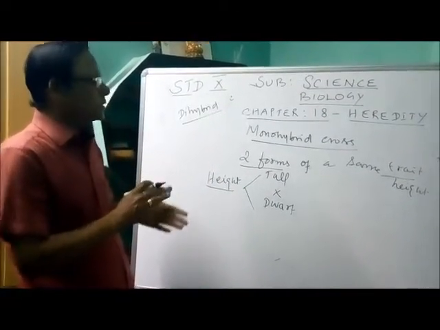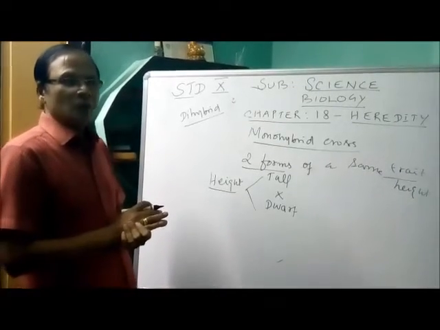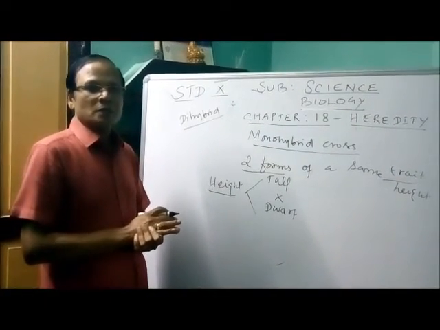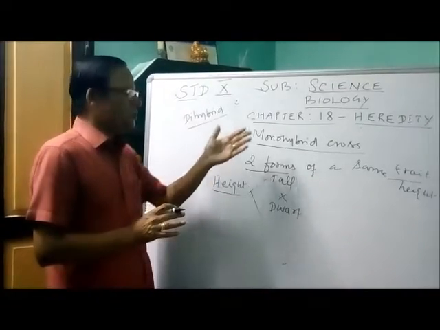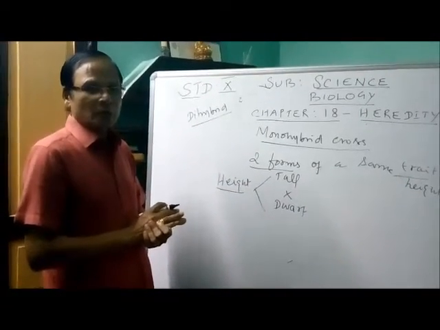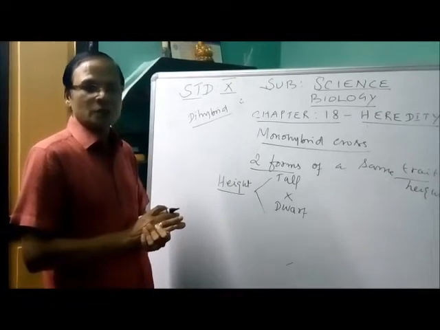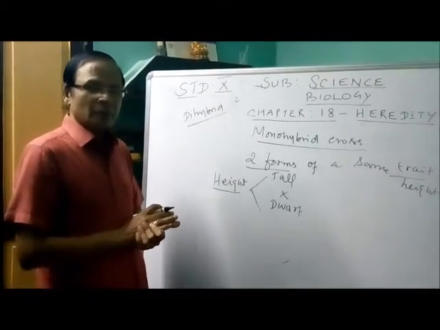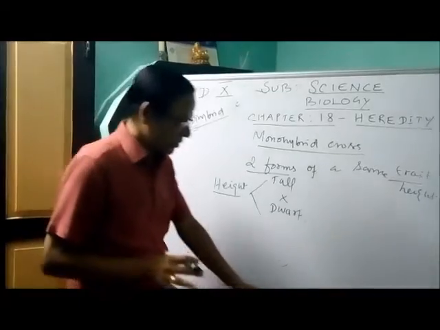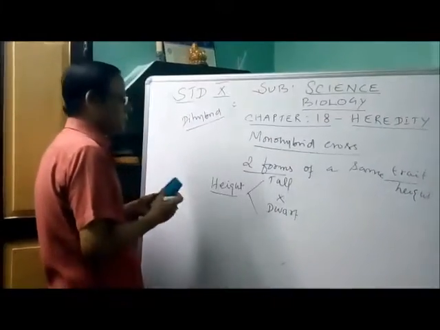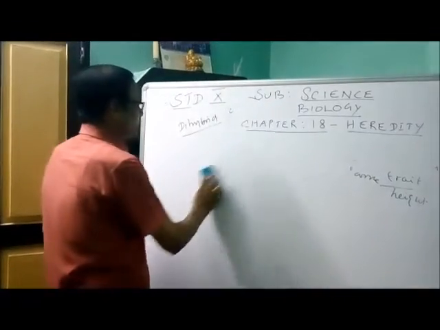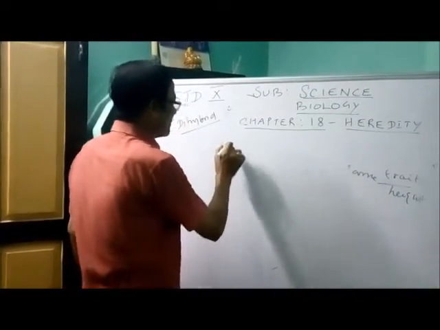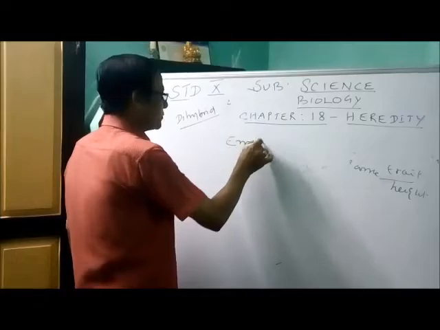Now what he did in the experiments was artificial cross-pollination. You know that the plant is bisexual, each flower has both androecium and gynoecium. For that he did one process. The name of the process is emasculation.